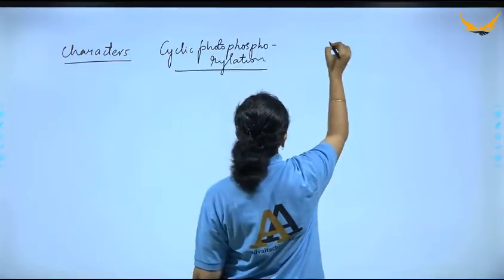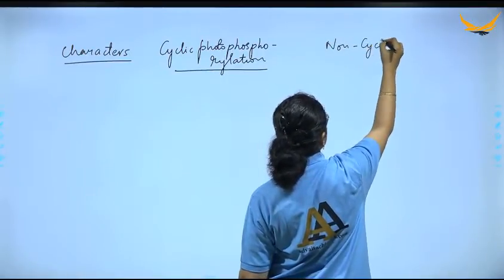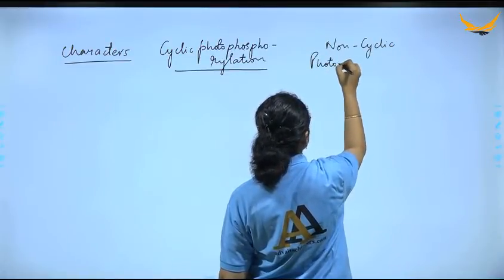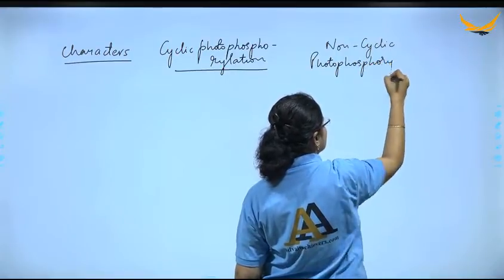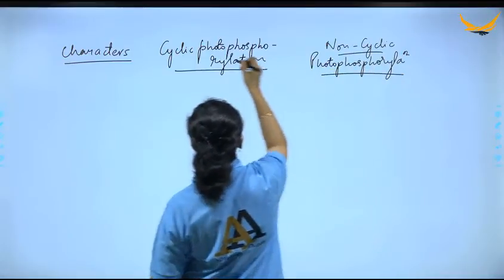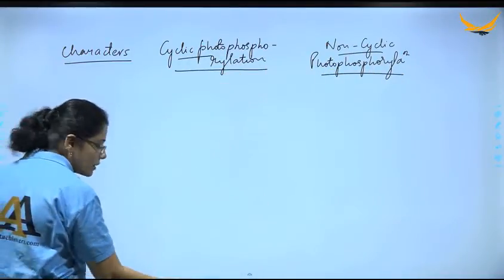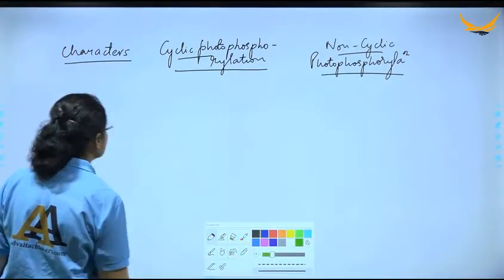And the third column we will make non-cyclic photophosphorylation. Right? So let us say one by one we will be taking up the characters.